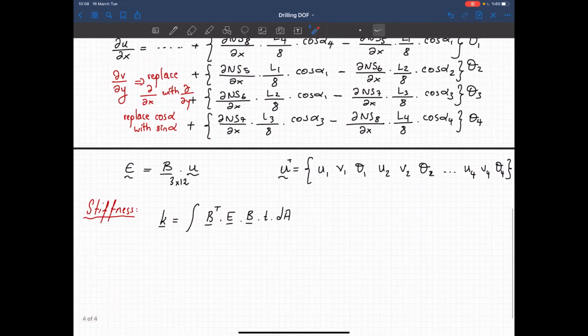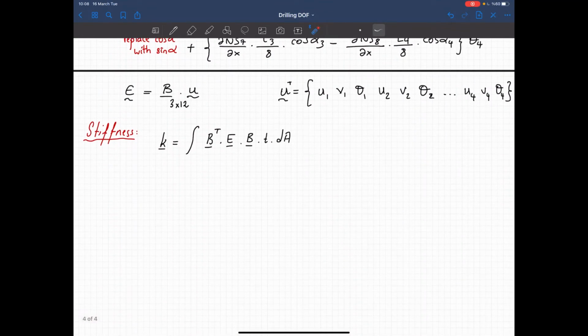Now we can calculate the stiffness matrix, but when we do that, we realize that this element is not mechanism free. So what does that mean? Let's take this element again.